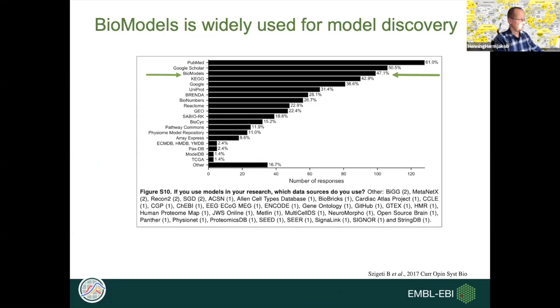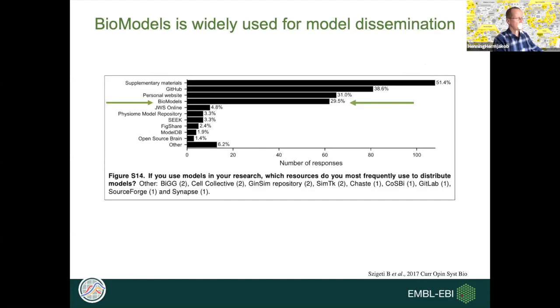BioModels is widely used in the domain, both for model discovery. In 2017, there was a large-scale survey in the domain on what is the most frequent data source for models people use in their research, and BioModels was very prominent in this. And it is also very popular for dissemination.